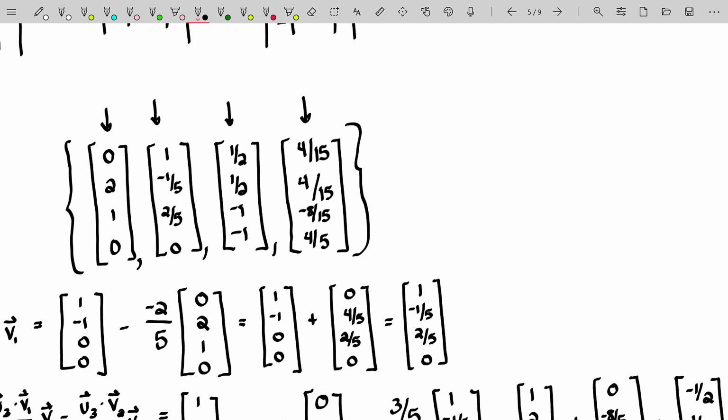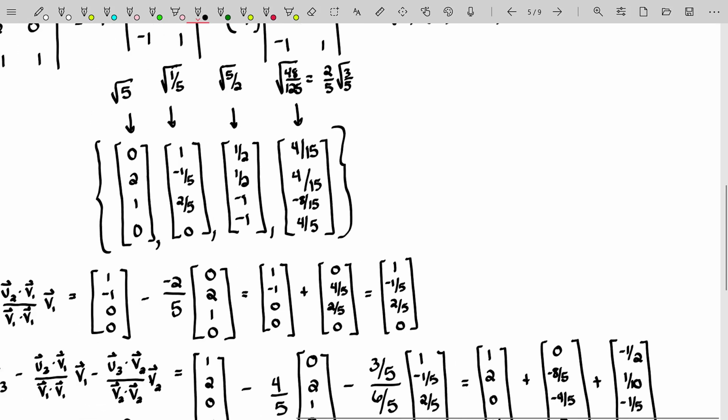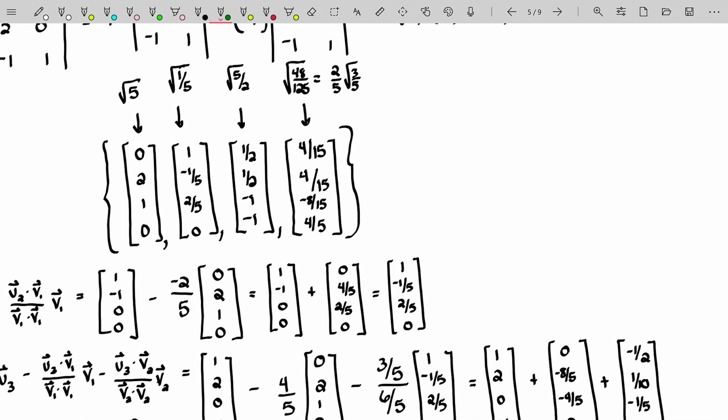Now, this is an annoyance, and if you're asked to do this, you should only normalize at the very end. Otherwise, you're going to have radicals all over the place. That last one has a terrible norming factor, but we'll write these as their normed versions. I'll write this in green.